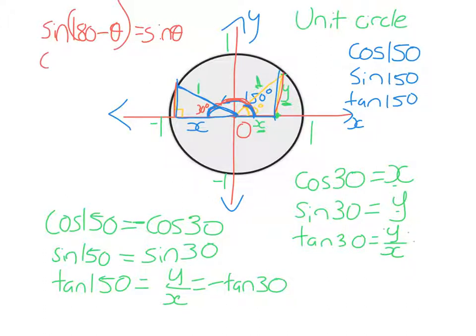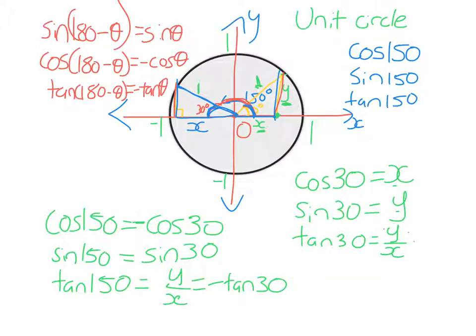So then cos of 180 minus theta gives you the same value as cos theta except negative. And similarly, tan of 180 minus theta is negative tan theta. Okay, so these are three important rules. This is how we define sine, cos, and tan of angles that are obtuse.